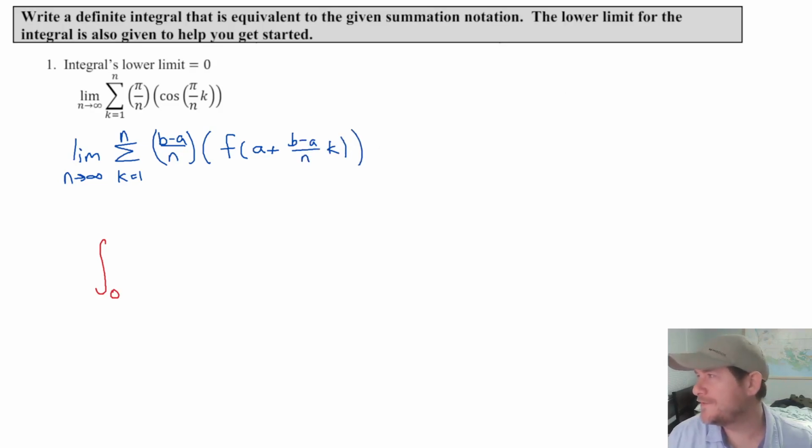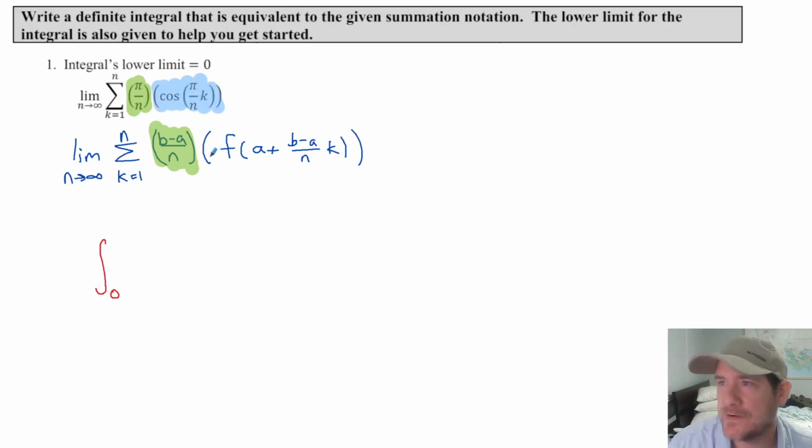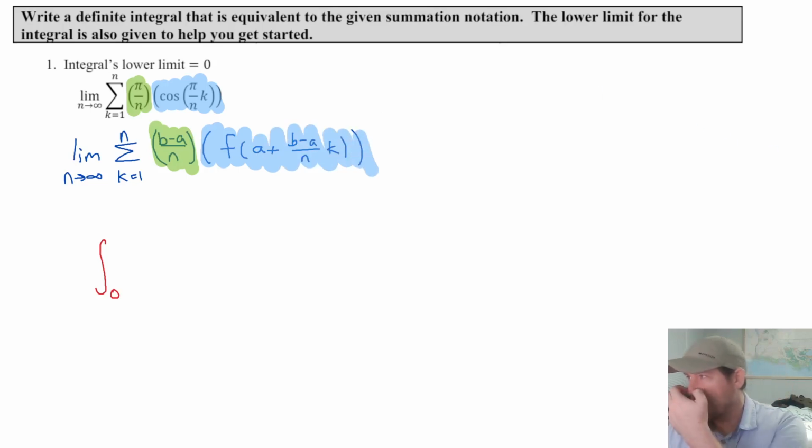So I don't know how confusing this is about to be, but this stuff here is this stuff here, and all this stuff here is this stuff here. Okay, so how do I kind of pull this apart then?